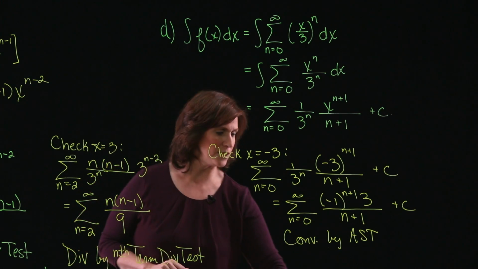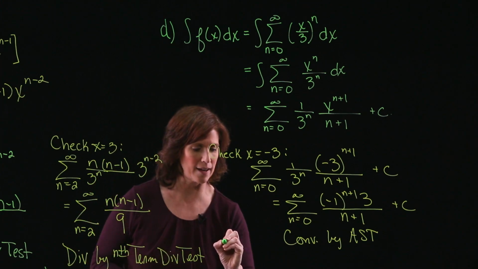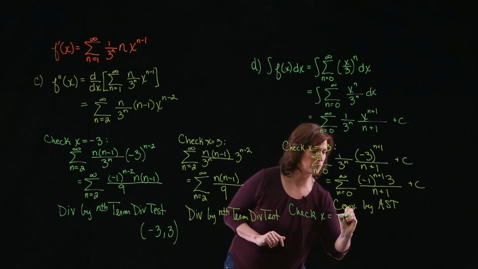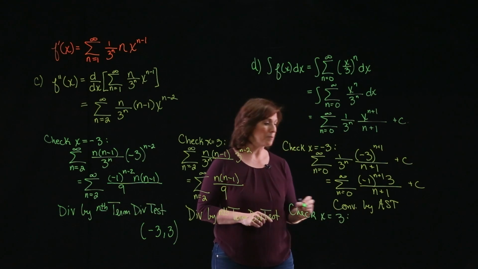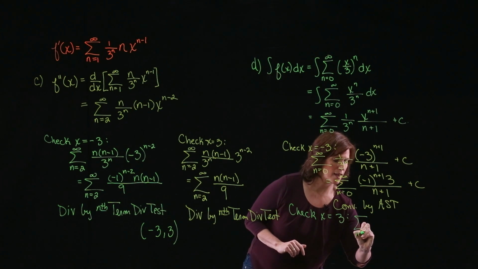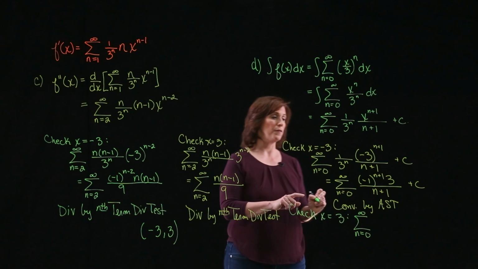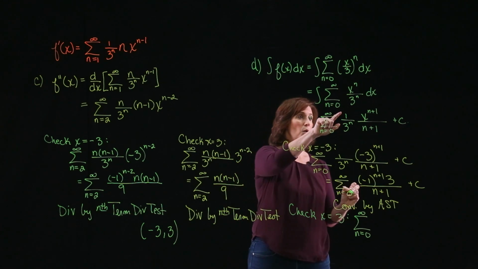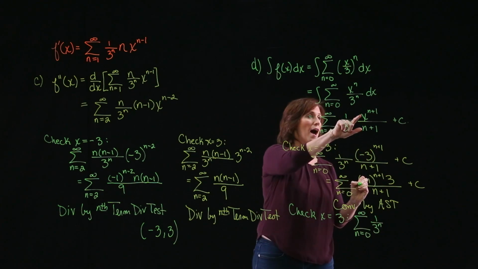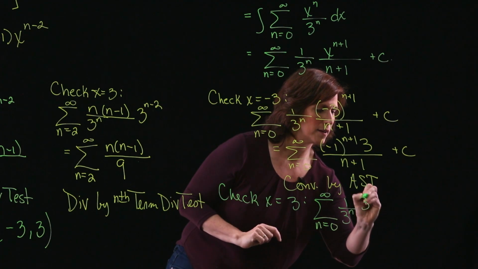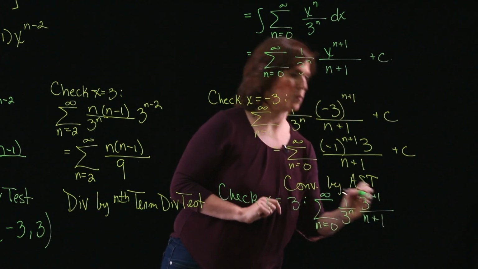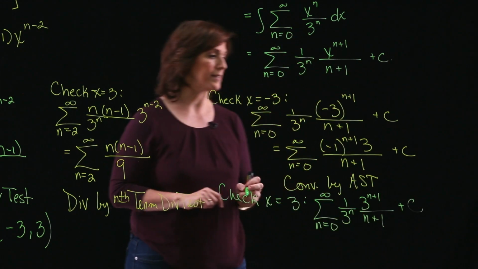All right, one last thing to try. We have to check what happens when x equals +3. And at +3, we're going to have the series n equals 0 to infinity of 1 over 3 to the n, times 3 to the n plus 1, all over n plus 1 plus my constant.